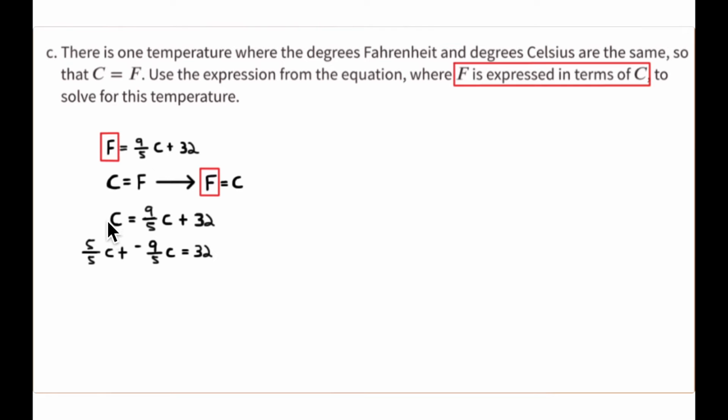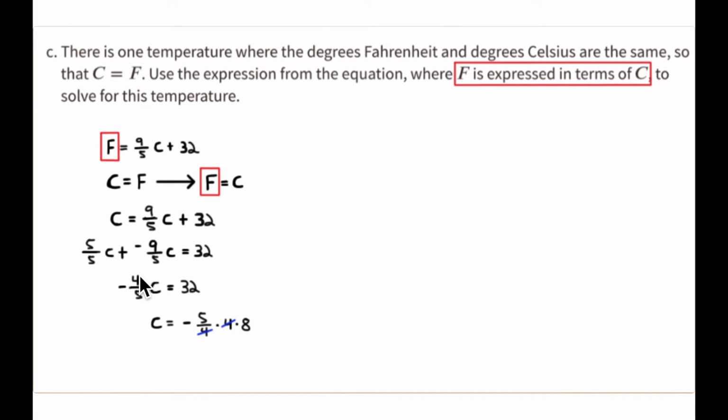I'm going to rewrite this 1 here as 5/5 because I'm going to add a negative 9/5 Celsius to this side. I add a negative 9/5 Celsius here. This goes away. Add a negative 9/5 Celsius to the left side, and you're left with that equal to 32. Well, a negative 9/5 plus a positive 5/5 is equal to a negative 4/5.